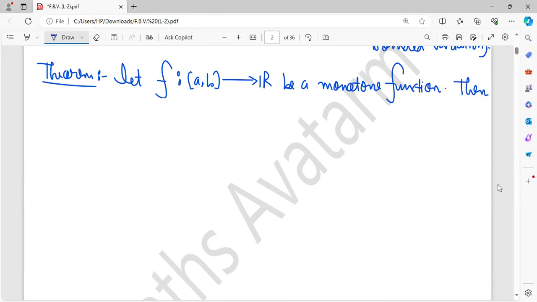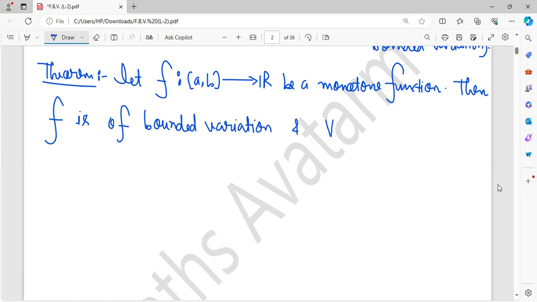Then f is of bounded variation, and V_f is nothing but f(b) minus f(a). Let's see its proof.